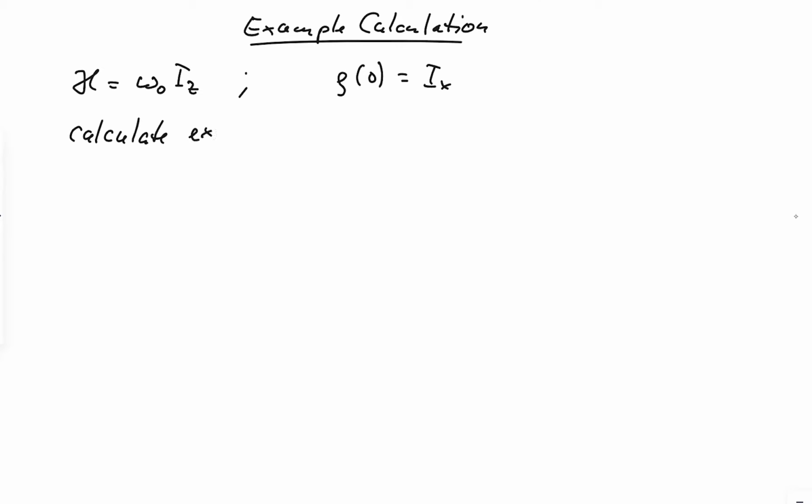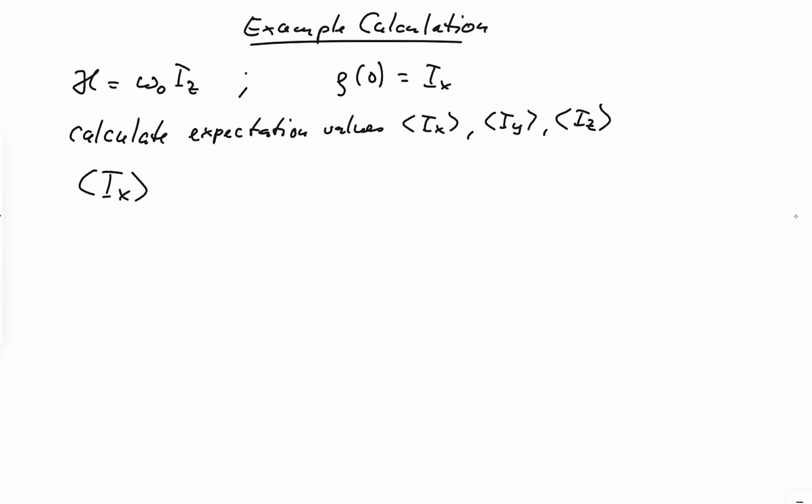the expectation values for Ix, Iy, and Iz. Where, of course, Ix, for example, is calculated, as mentioned before, as the trace of Ix dagger times rho of t.